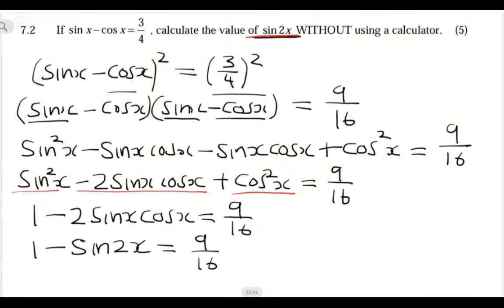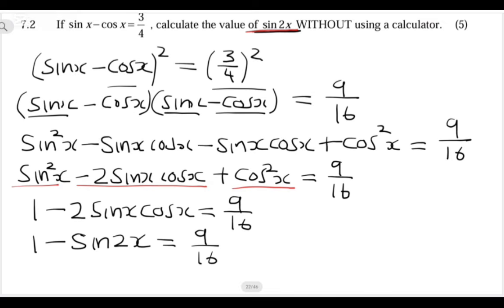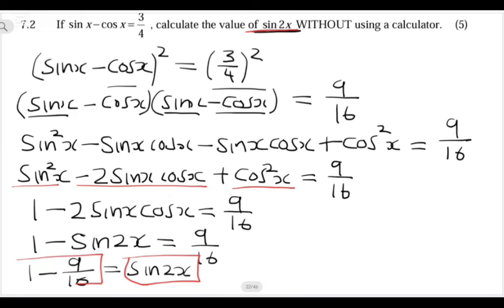So from here on, what can we do to find the value that we're looking for? We can just take this 1 to the other side, and then take this one to the other side, so it's going to be 9 over 16. You can do it the other way around. So it's going to be sine of 2x, so now we can see that sine of 2x equals this one. We just have to punch this in a calculator.